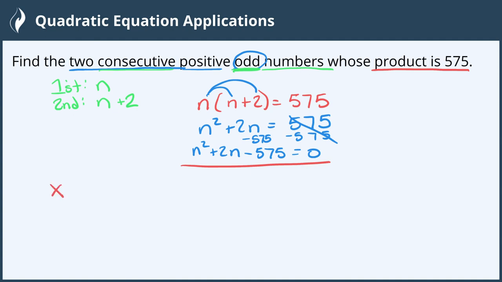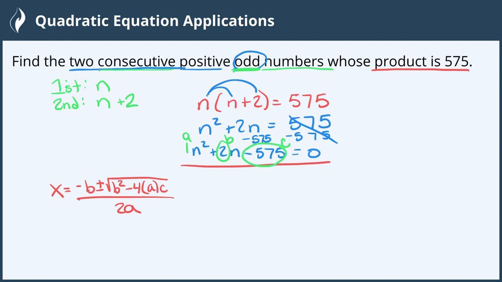This is x equals negative b plus or minus the square root of b squared minus 4 times a times c, all over 2a. And our coefficients are 1 for a, 2 for b, and negative 575 for c.